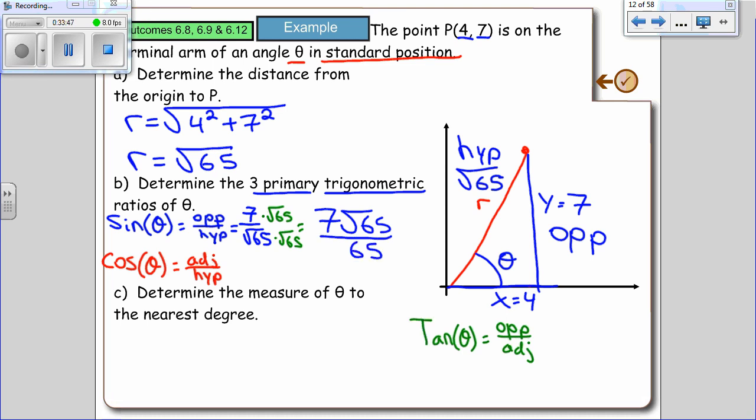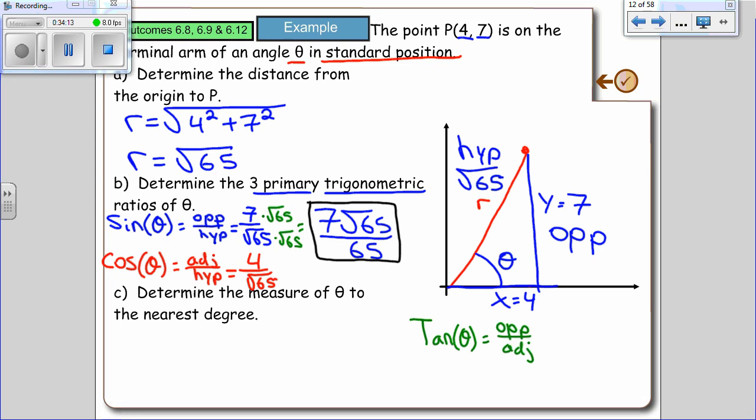That means your cosine ratio would be adjacent over hypotenuse. Adjacent being 4, hypotenuse being root 65. You need to rationalize that denominator, multiply top and bottom by root 65, making it 4 root 65 over 65.